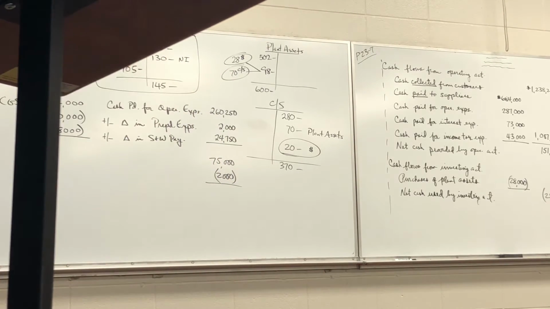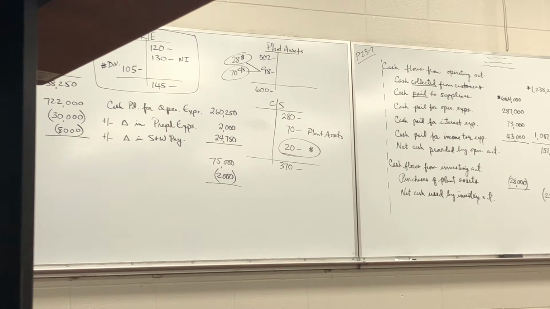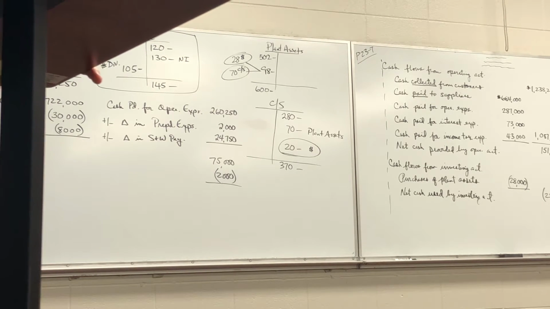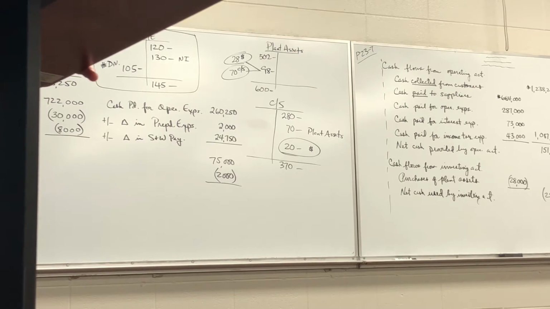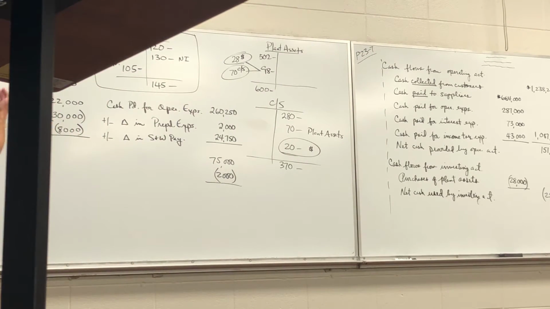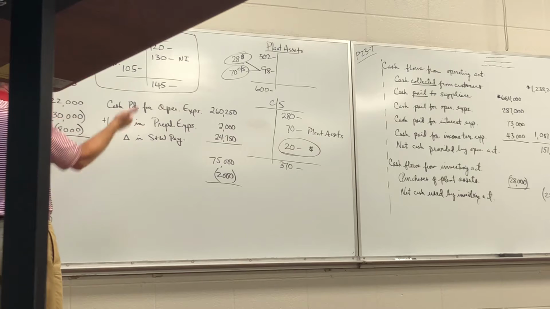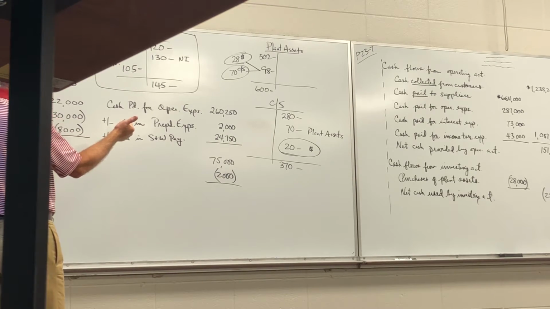I have students say that's confusing because sometimes you add it, sometimes you subtract. Well, this is cash paid to suppliers, and that's not cash you paid. So I'm subtracting it from cash out, which is the same as adding it in, right?